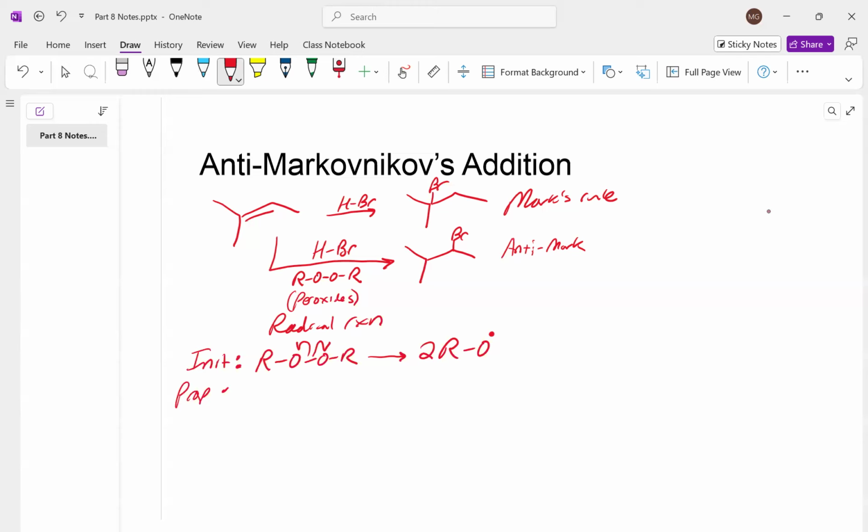Now, in the first propagation step, one of those OR radicals will react with HBr to get a bromine radical.